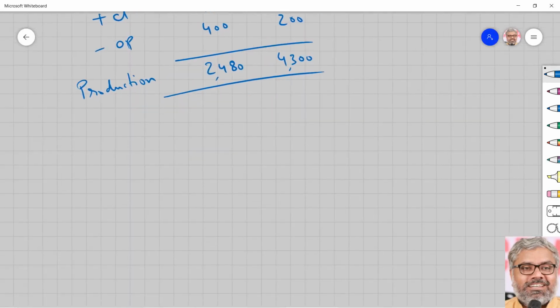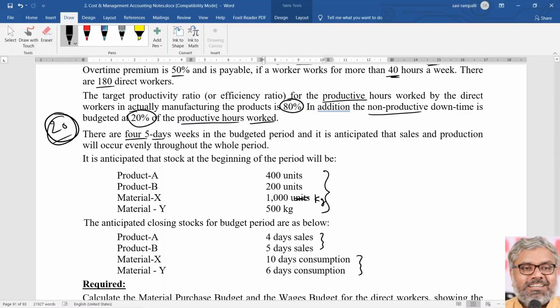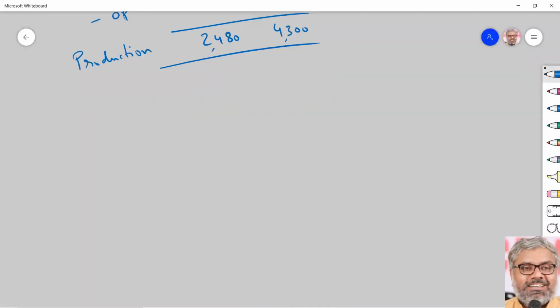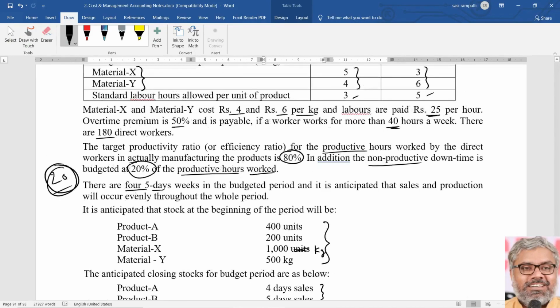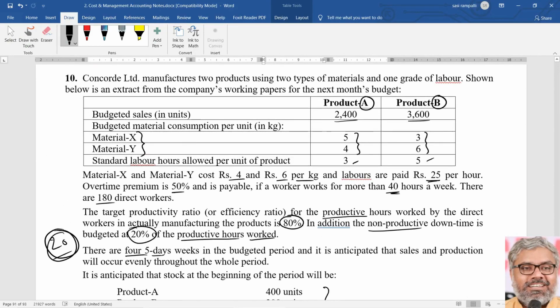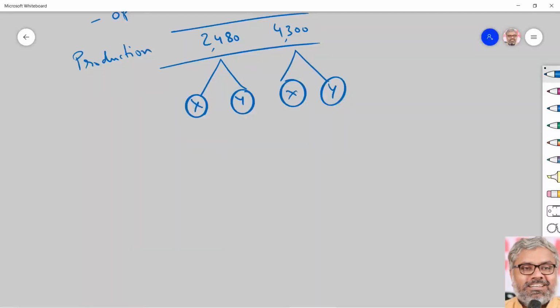But for that much production, how much of material X and material Y will be required? That is an important point. So for each of them, we require material X and material Y. How much X, how much Y would be required? For manufacturing 1 unit of product A, how many kgs of material X will be required? 5 kgs of material X will be required.